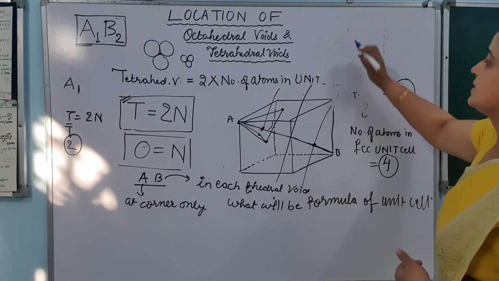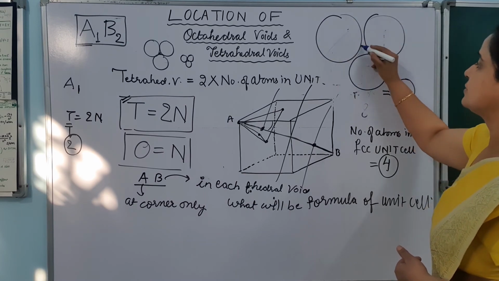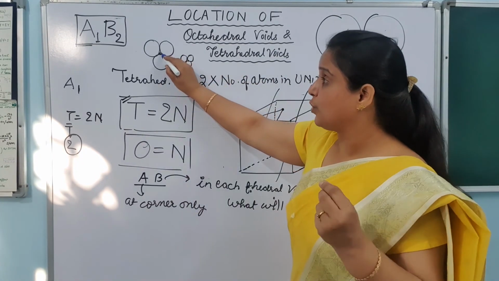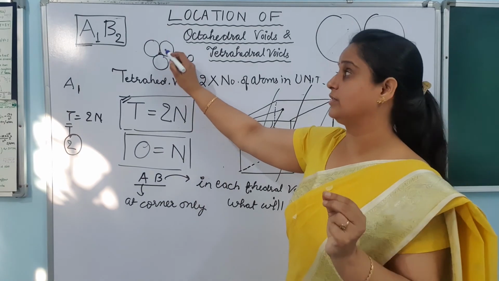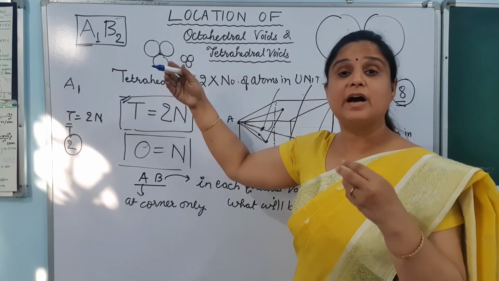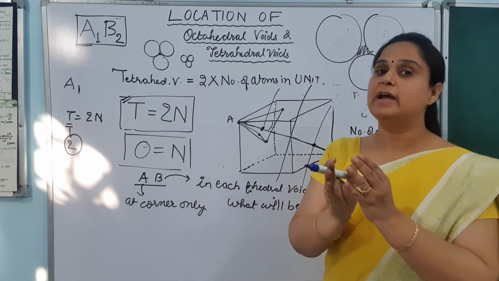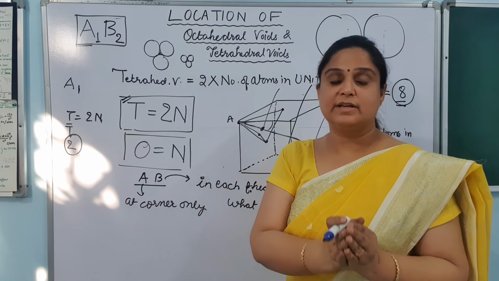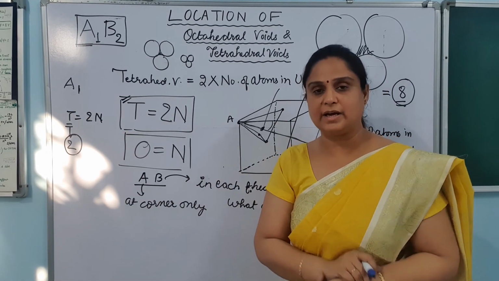If atom size I am increasing, look at this, the groove is also increasing. Means the size of the void, the radius of the void, will totally depend on the size of the atom. But how are they related with each other? The size of tetrahedral voids and the size of octahedral voids, how are they related with the atoms in which they are formed, or by which they are created.